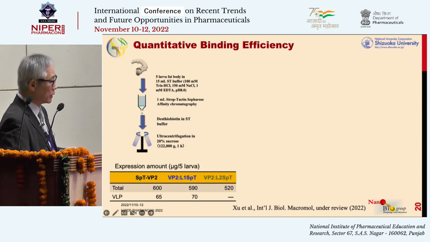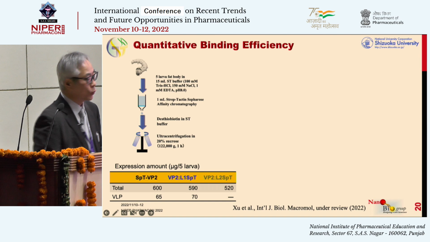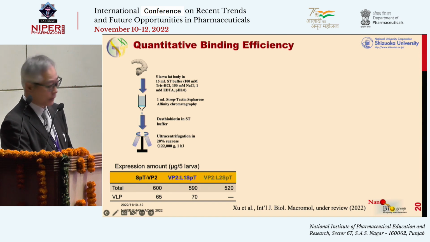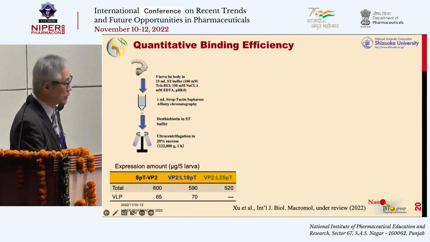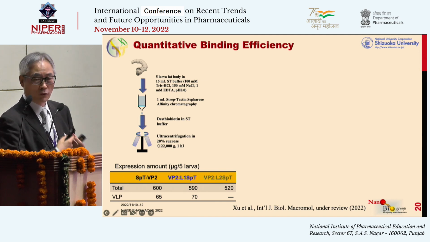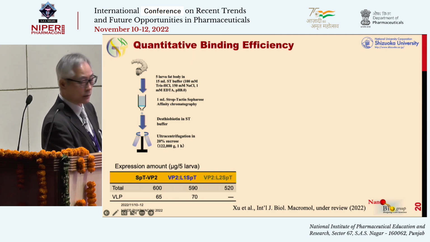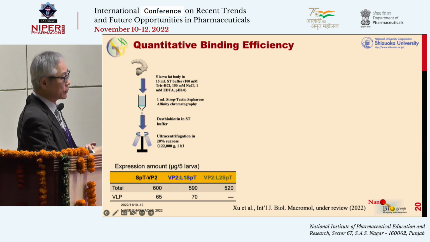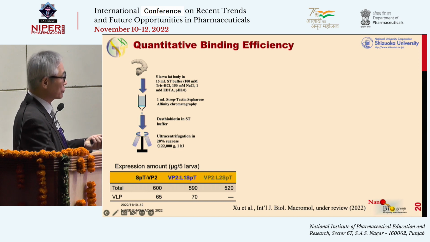Only VLP, 10%, 65 or 17 microgram. However, in this one, where we inserted SpyTag at the loop 2 site, we cannot get VLP. It means this construct cannot form VLP because we added SpyTag at the loop 2 site. The VLP was broken. It's a very significant problem. Therefore, we analyze only these two systems.